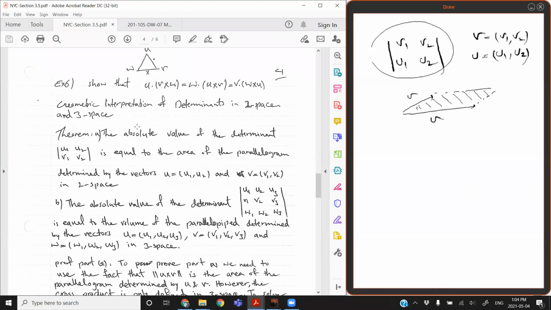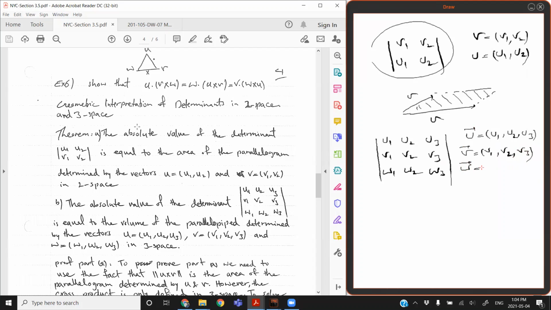And then when you are in R3 and you're dealing with a matrix like this, U1, U2, U3, V1, V2, V3, W1, W2, W3, then you can think of the first row as the vector U, the second row as a vector V, and the third row as a vector W. And if you bring these three vectors from R3 together, you can have a form like this.